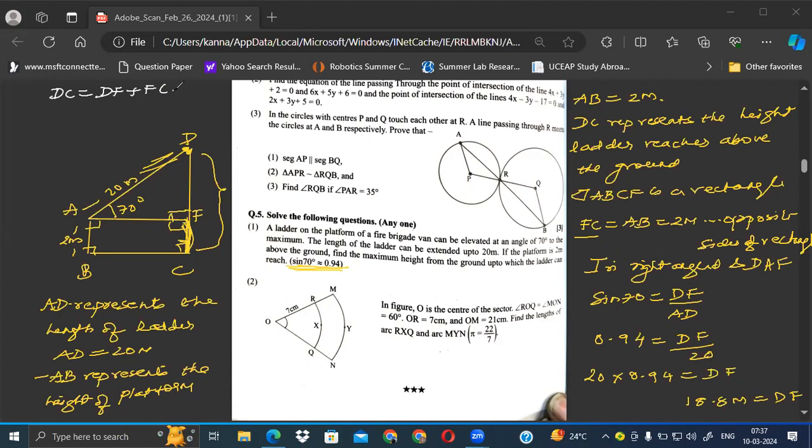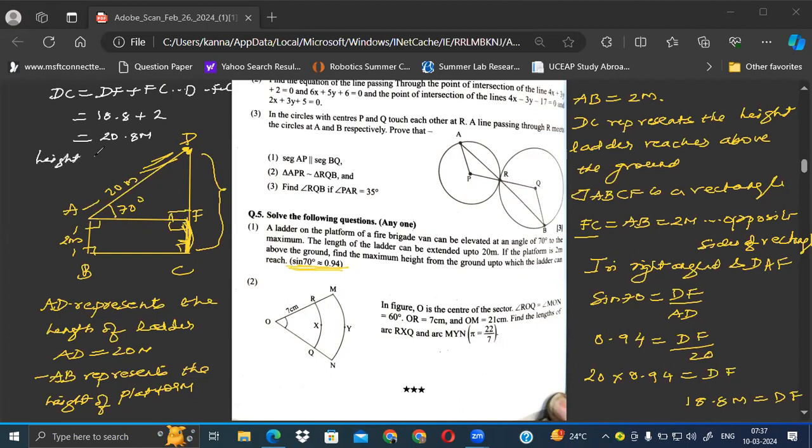How much do you get, children? DF is how much? 18.8. And what is your FC? FC is 2 meter. So naturally this becomes 20.8 meter. So what is the height of the ladder?